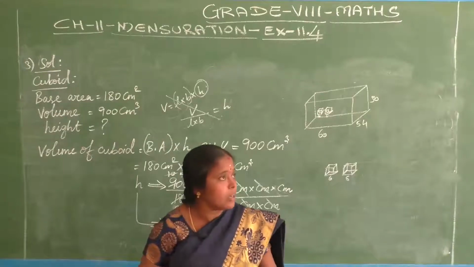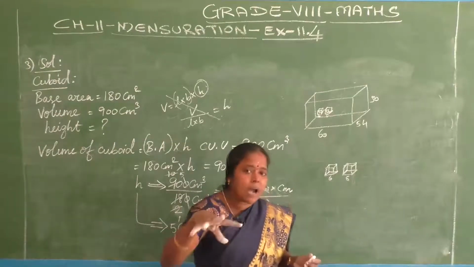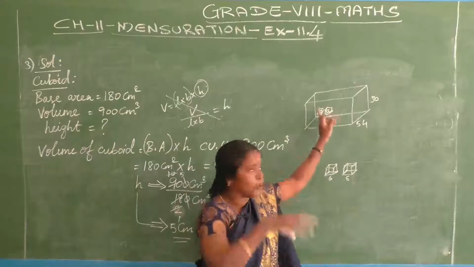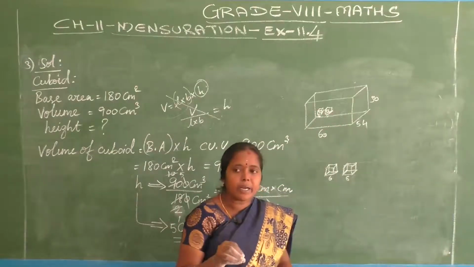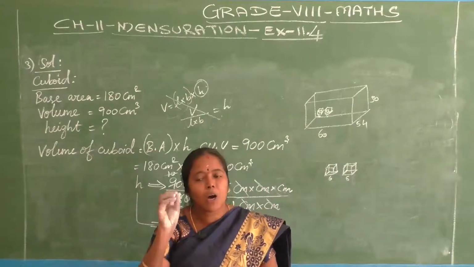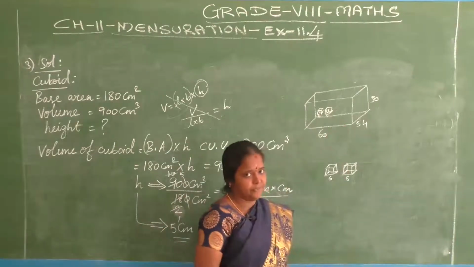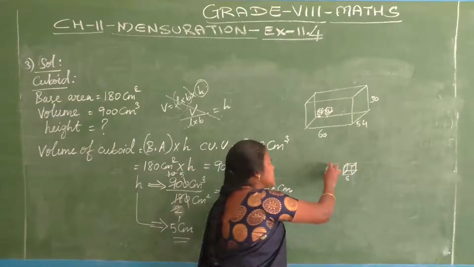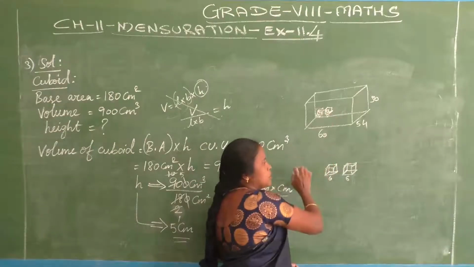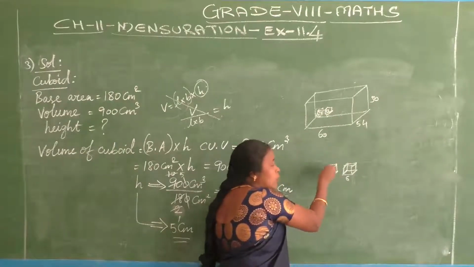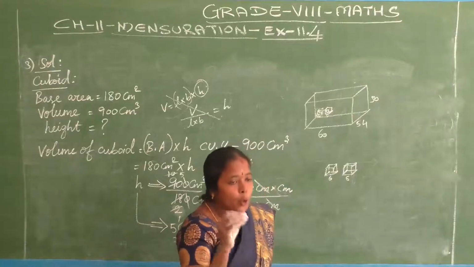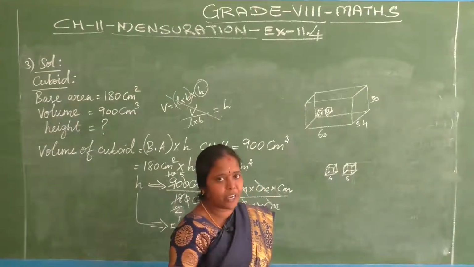So first of all we have to find the space occupied by the given cuboid. Clear? Nothing but, simply to tell, the volume of the given cuboid we have to find first. Secondly, this object takes this much place, so its volume also we have to find. So the cube volume also we have to find.